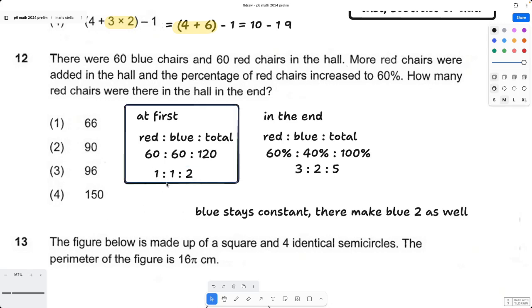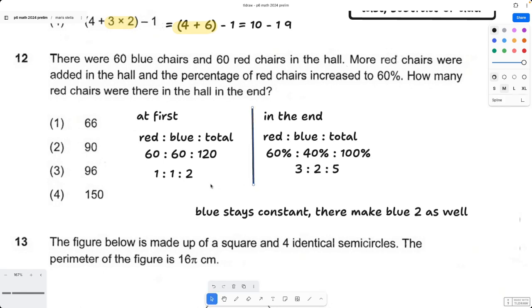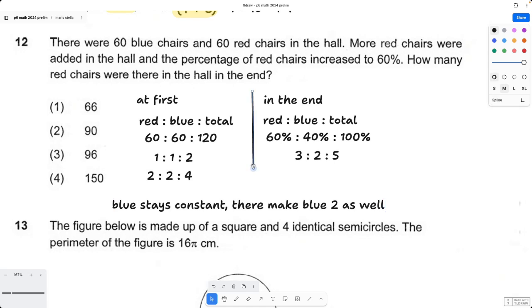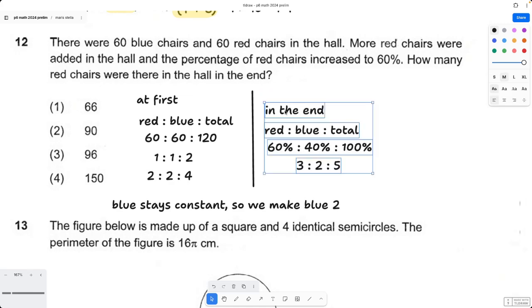So that means this will then become 2 is to 2 is to 4. So in the end, blue stays constant there.